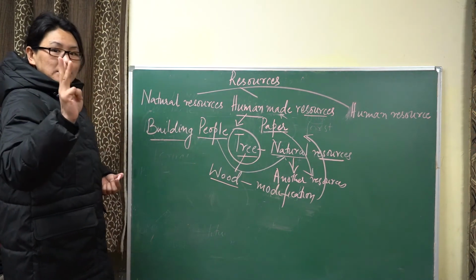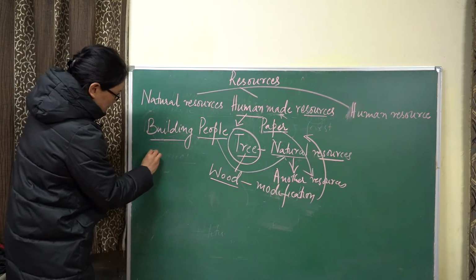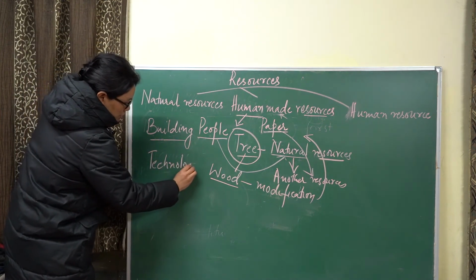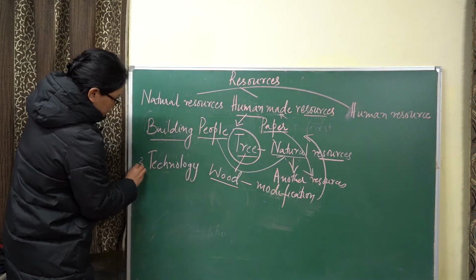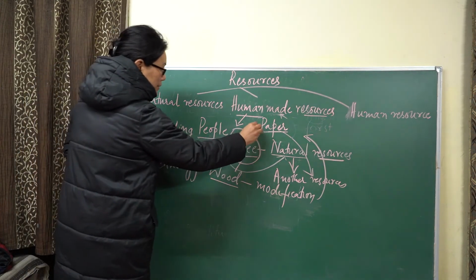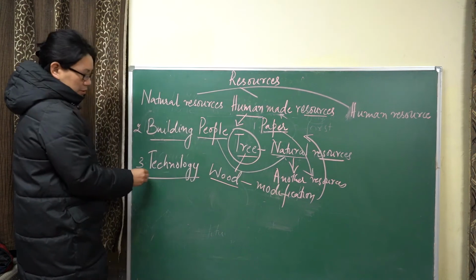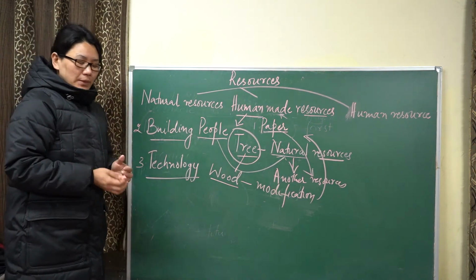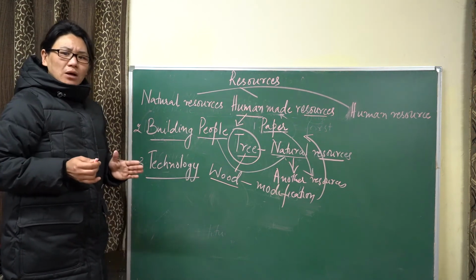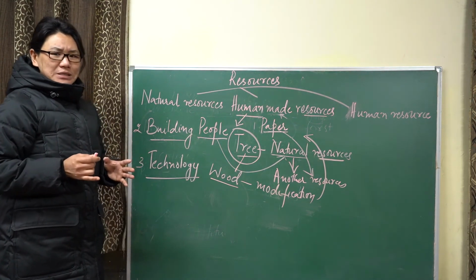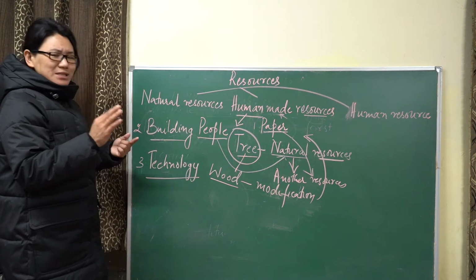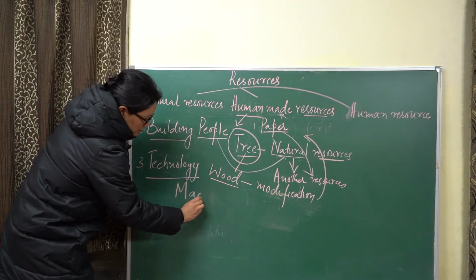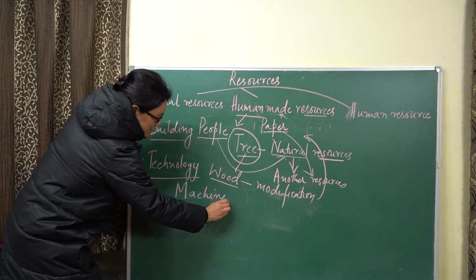Okay, and third example, we will say technology. Technology. Right. Now see here, we can see this technology in different ways. Okay. I'll just take here example of technology machine. It's just an example.